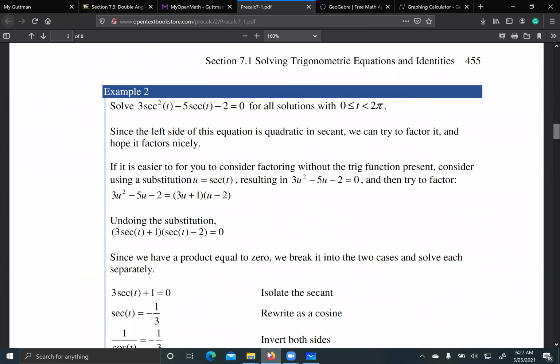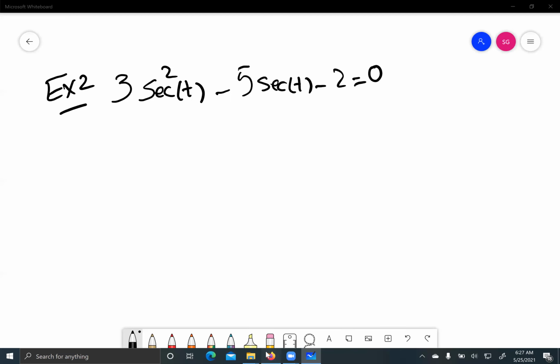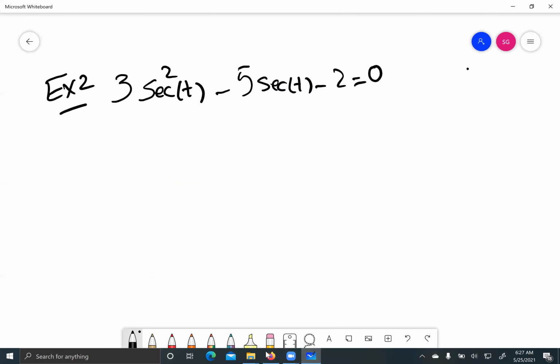Example 2 says: 3 secant square minus 5 secant minus 2 equals 0. So this is the equation. We need to solve it for t for all solutions between 0 and 2 pi. 0 is included, but 2 pi is excluded.